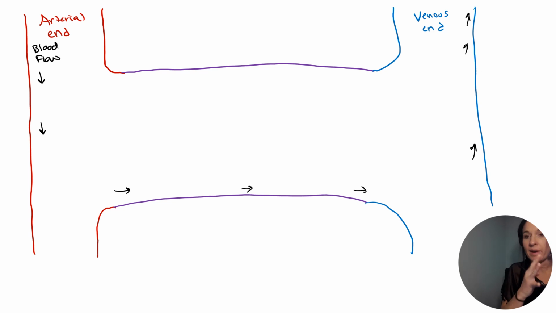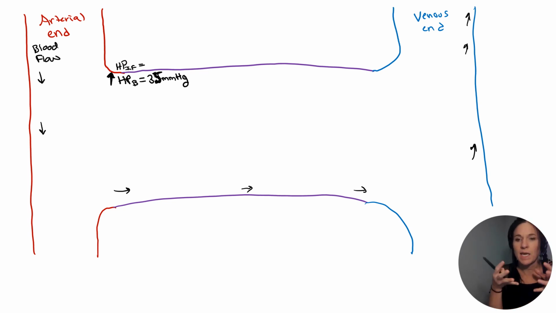So over here on the arterial end, we have blood hydrostatic pressure. And remember, this is the force that the fluid exerts on the vessel wall. Okay, so over here on the arterial end, this is going to be around 35 millimeters of mercury. But then out in the interstitial space, we have interstitial fluid. So we have the hydrostatic pressure of the interstitial fluid.